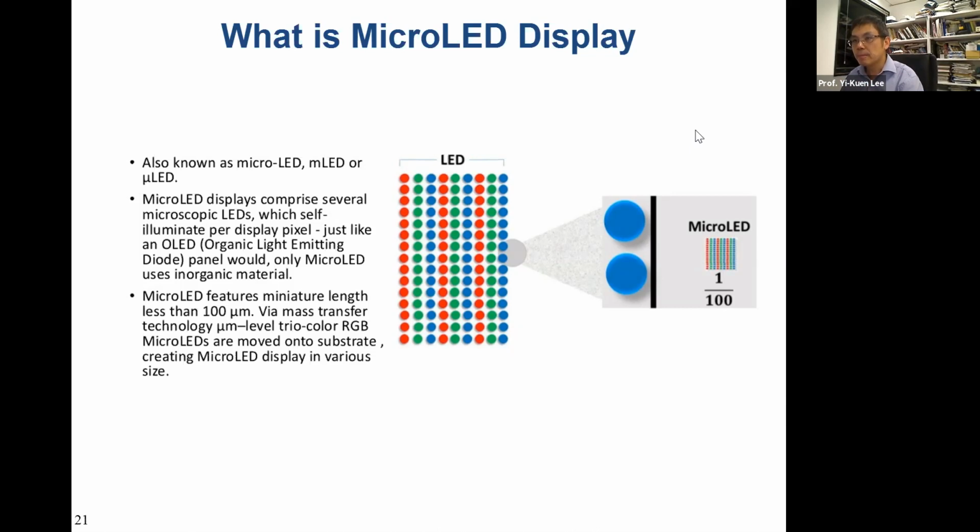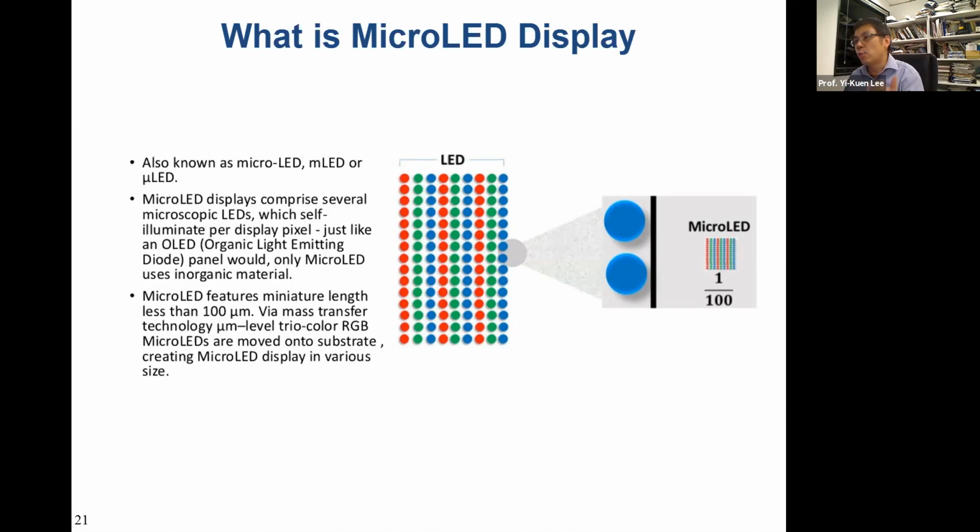Basically, micro LED has micro, right? Typical micro LED size is less than 100 micron. And we still have to do some microfabrication process based on what we described in our lecture before, right?